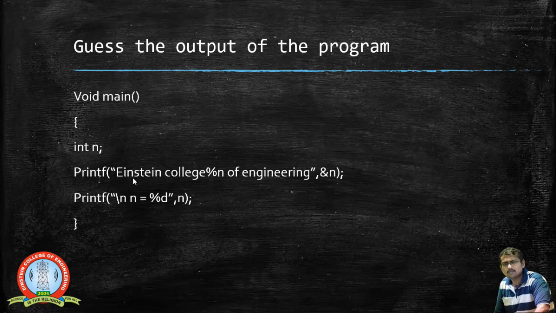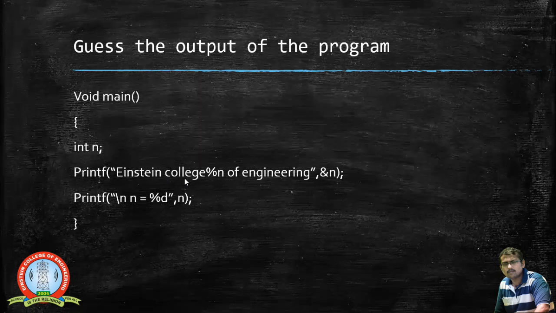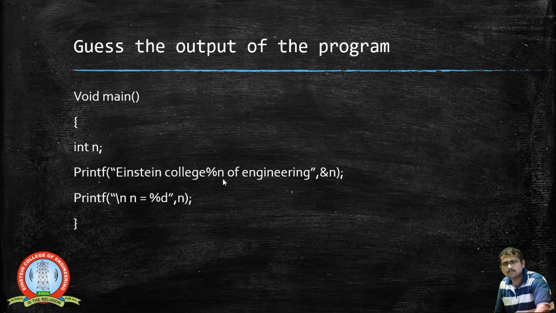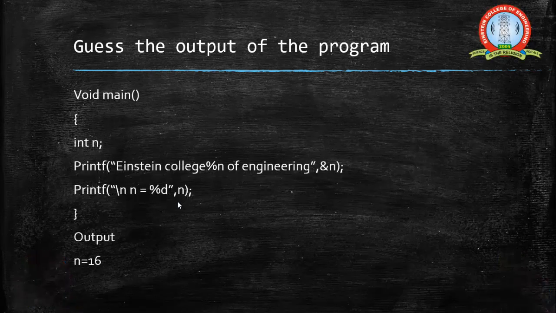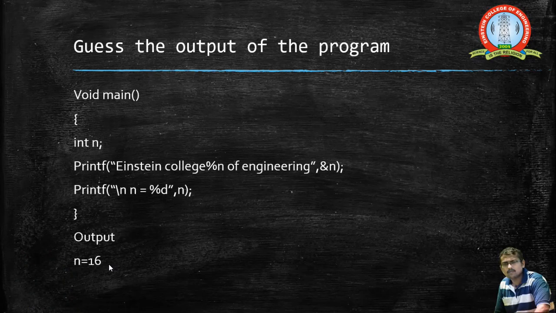That is 1 2 3 4 5 6 7 8, and the space is 9, 10, 11, 12, 13, 14, 15, 16, and this value 16 will be returned to this n, and n stores the value of 16, and when you print the value of n here, it prints 16.